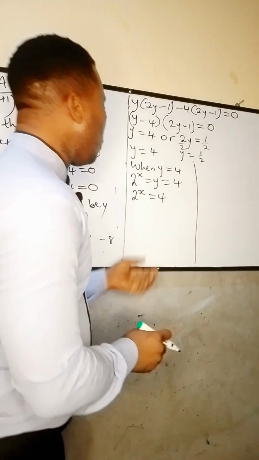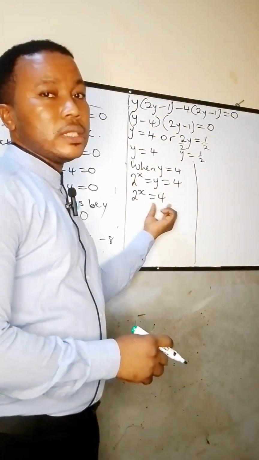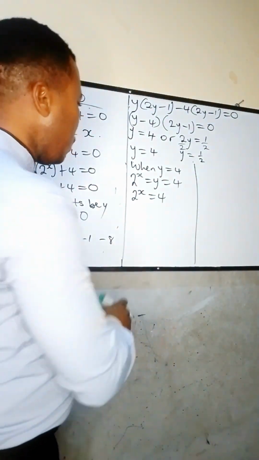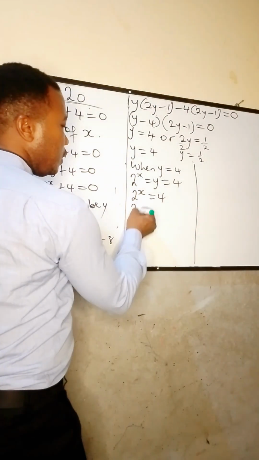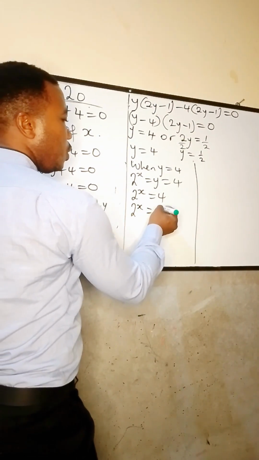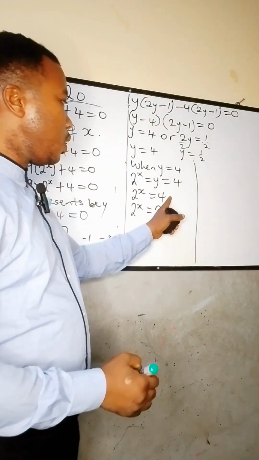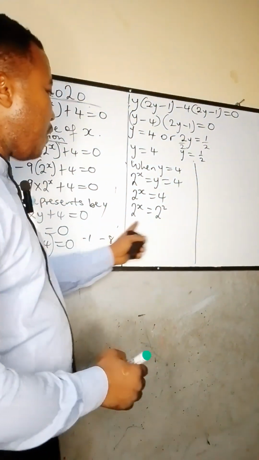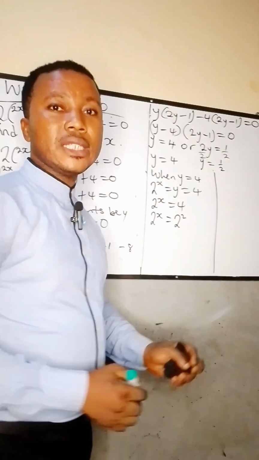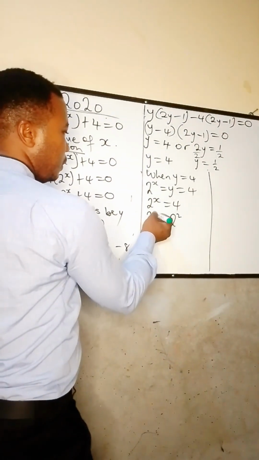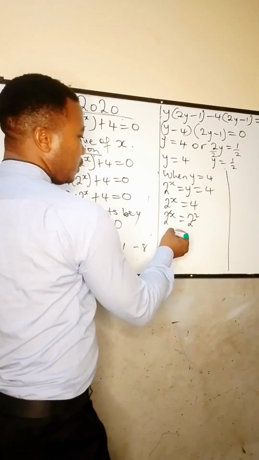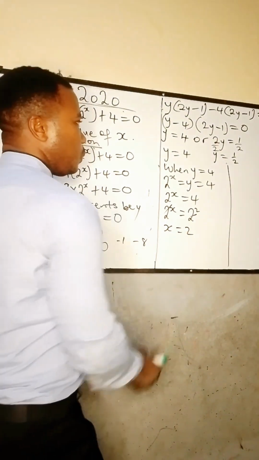So we try to let them have the same base. This is the same thing as 2 raised to the power of x is equal to 2 raised to the power of 2, because 2 raised to the power of 2 will still give us 4. You can see we are having the same base, so we equate their powers. So x is equal to 2.